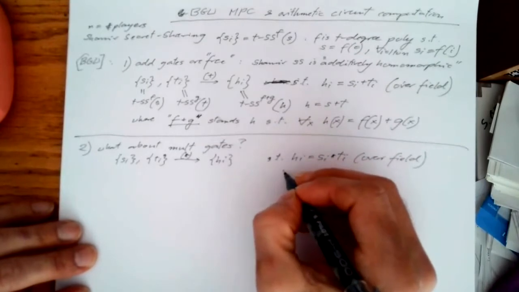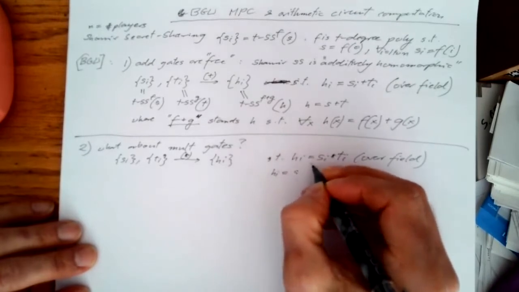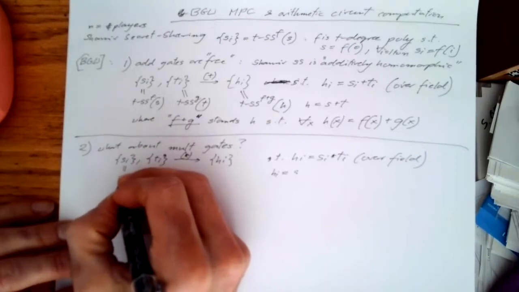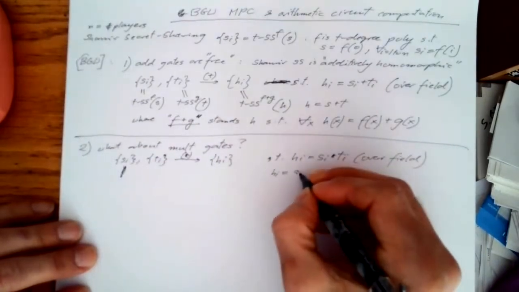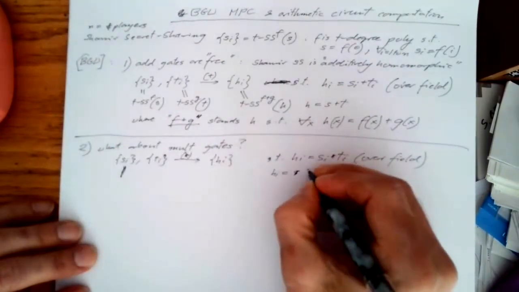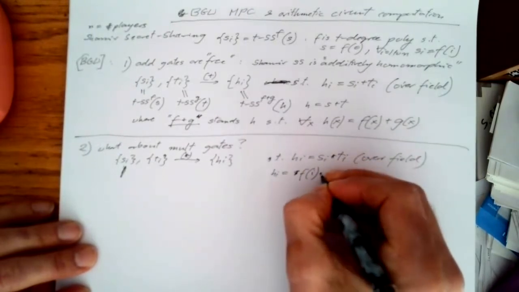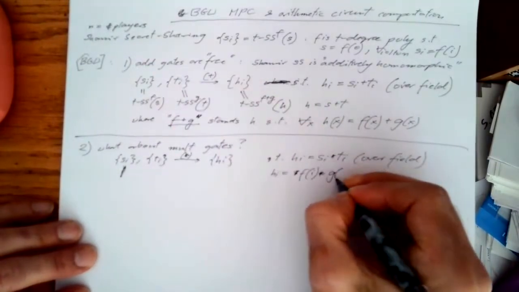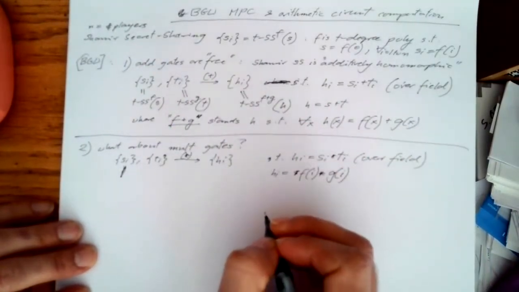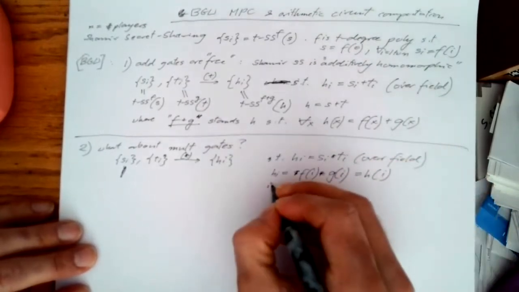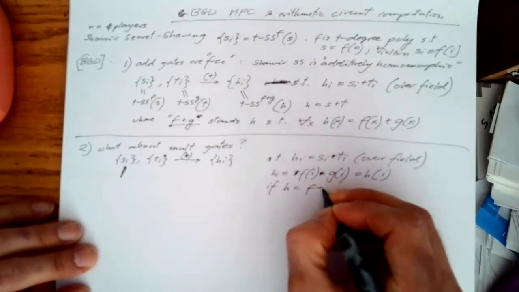Well, what is h_i? If s_i is the share of function f, so it's f of i, and t_i is a function g of i, then this is actually h of i if h is a product of these two functions.